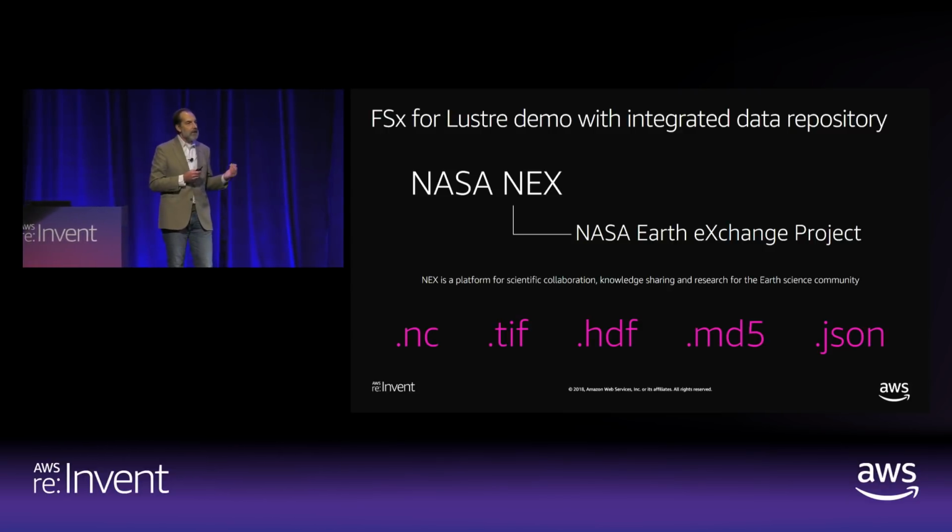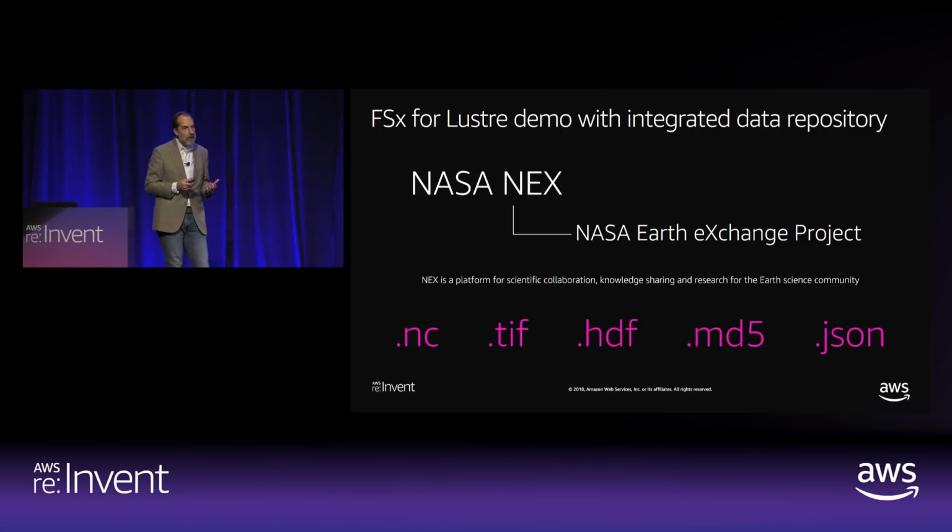We have NetCDF, or Network Common Data Format files. They're really designed for storing multi-dimensional data. We have some TIFF files, and we have some HDF files. These are Hierarchical Data Format, really designed to organize large amounts of data. We also have some PDFs and some text files. So they range from 4 kilobytes all the way up to hundreds and hundreds of megabytes.